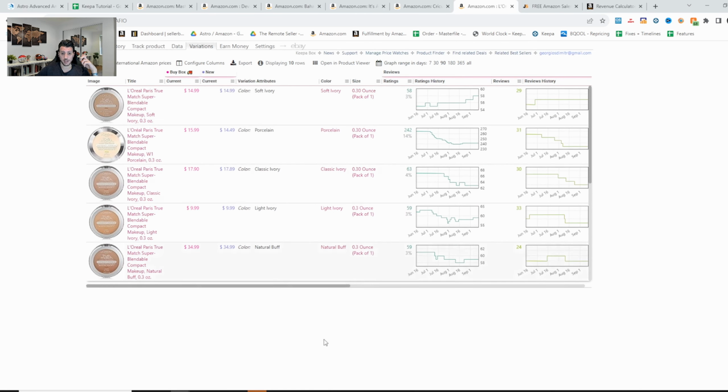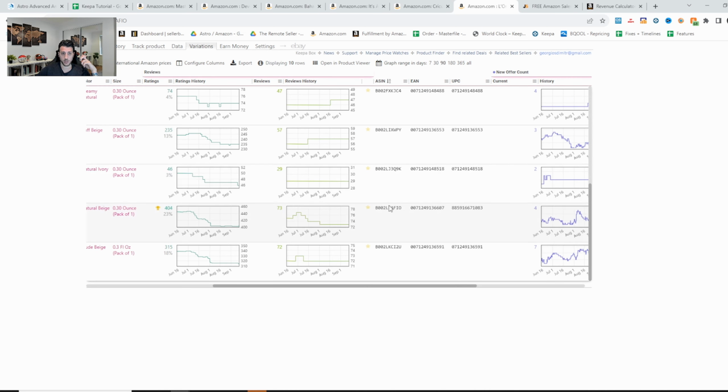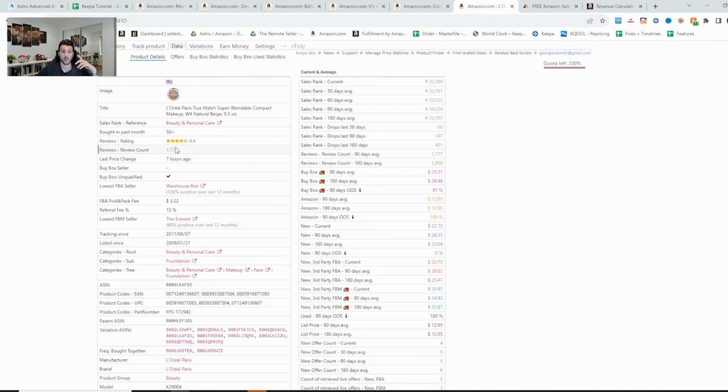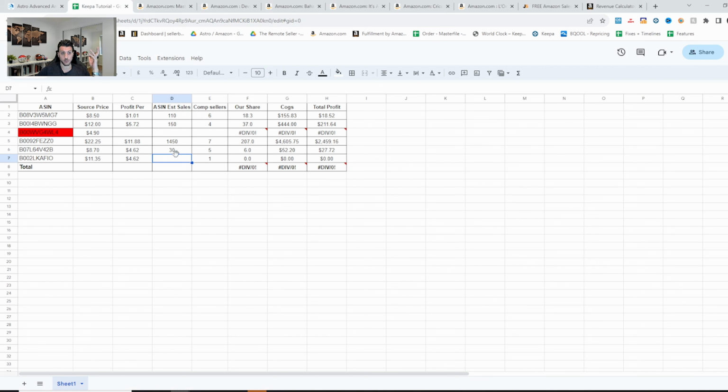So let's find this ASIN, this one here, and it gets 23% of those 480 sales. So 480 sales times 0.23, that's roughly 110 sales per month. Now, Keepa said that this product sells 50 plus. Jungle Scout gives us roughly 110 units as an estimate. Let's go ahead and average those two numbers out and say it sells roughly 75 units per month.